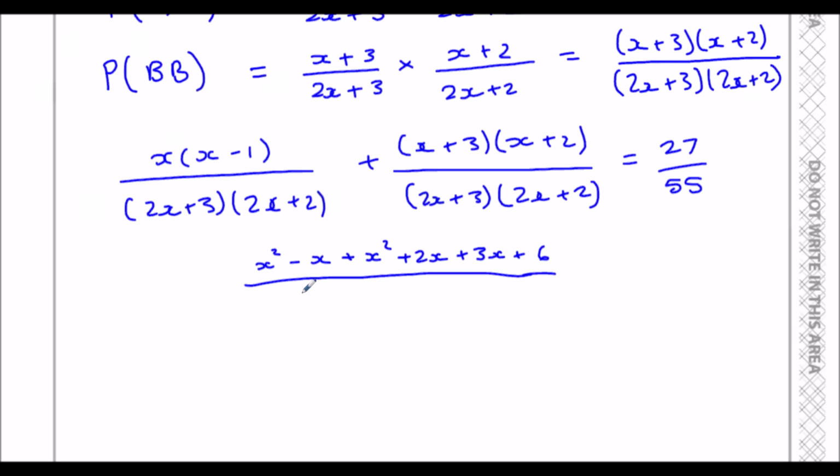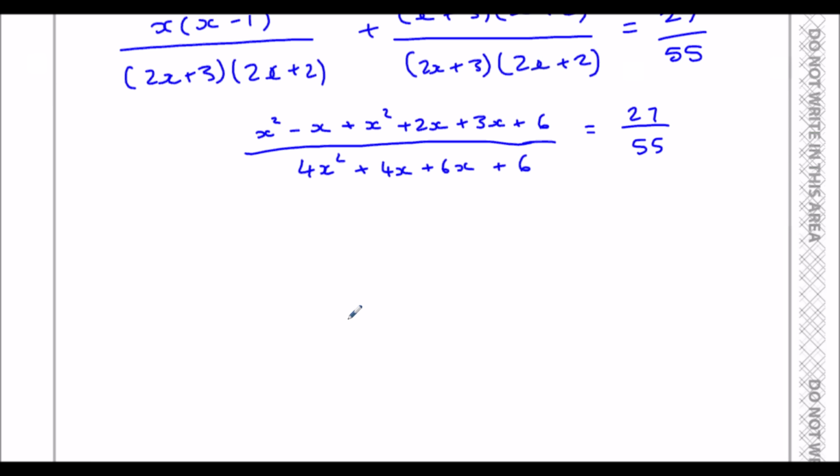And the denominator, I'll expand that as well. So 2x times 2x is 4x squared, 2x times 2 is 4x, 3 times 2x is 6x, and 2 times 3 is 6. And that equals 27 over 55.